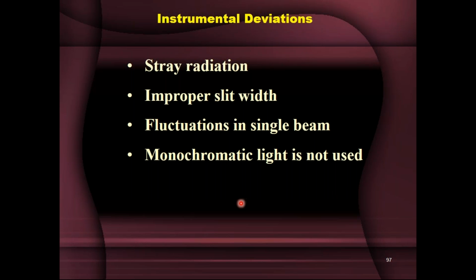Only if, at a wavelength away from your desired one, say 250 nanometers is your lambda max, you want to use 215 nanometers, but your wavelength selector is allowing 200 to 300 nanometer radiation to pass through. If your sample is not going to get affected by any wavelength from 200 to 300, then there is no problem.